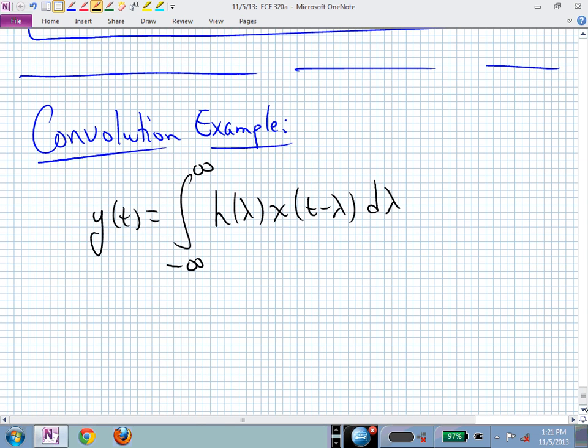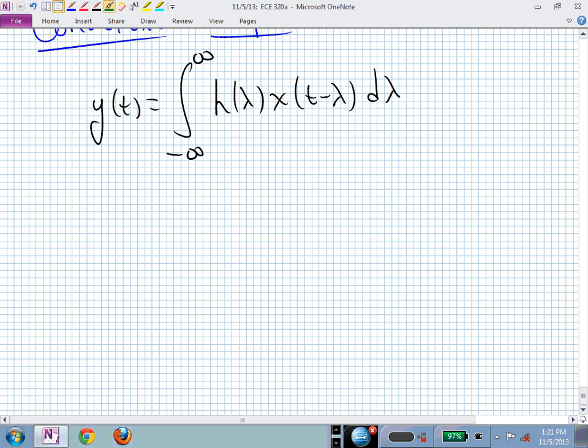Suppose that I give you an input waveform, x of t, that has the following functional form. Maybe it's a pulse of height 5 that turns on at -1 and turns off at 3.